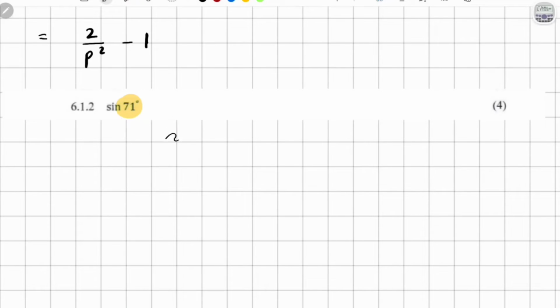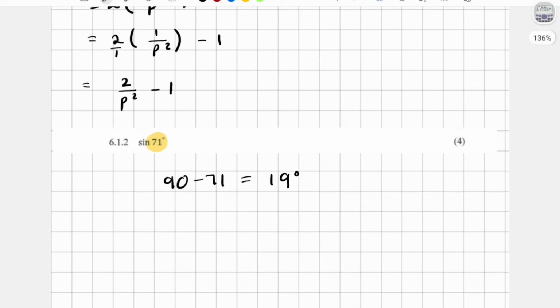But the thing is 71 degrees. If you say 90 minus 71 degrees, that is going to give you 19 degrees. And as you can see, 19 degrees is not 26 degrees. It doesn't have anything to do with 26 degrees if you're using trigonometric rules like identities, special angles, cofunctions, or reductions. So I can't use that.